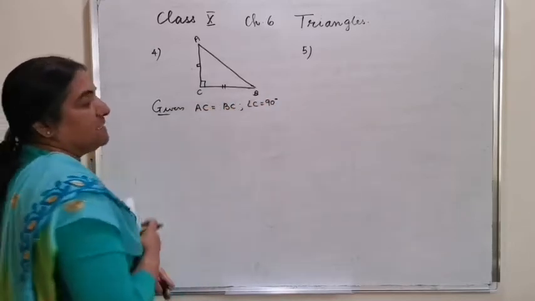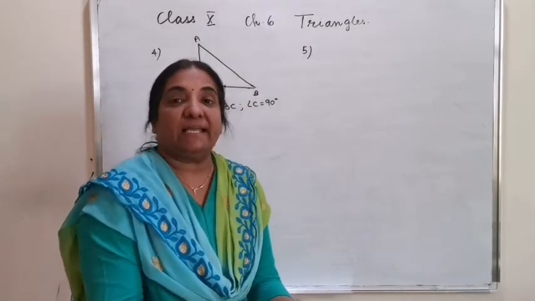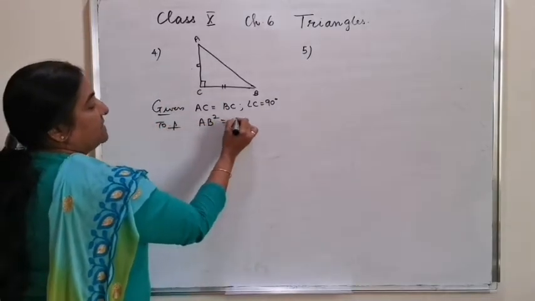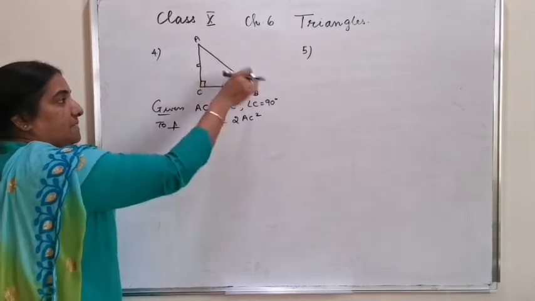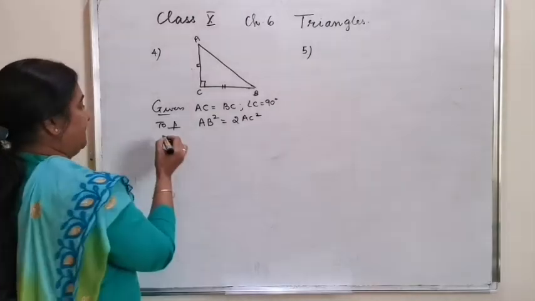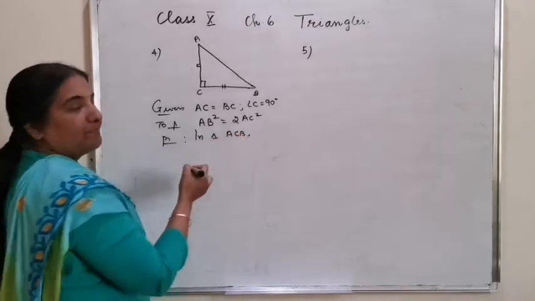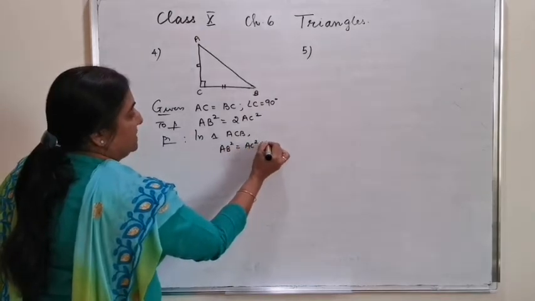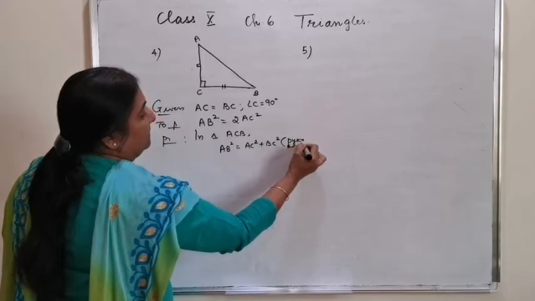Angle C is equal to 90 degrees. To prove AB square is equal to 2 times AC square. Since ACB is a right triangle, you can apply Pythagoras Theorem. Proof: in triangle ACB, hypotenuse square AB square is equal to AC square plus BC square. It is by Pythagoras Theorem.